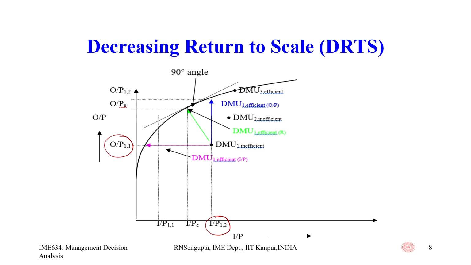In the case when I go horizontally to the left, it is written in pink as DMU 1 efficient, and in the suffix is written I/P, which is input oriented, which means that output is kept fixed and input is being changed. So, this input oriented model and output oriented model are the ideas of an input oriented formulation of the problem, and an output oriented formulation of the problem will be coming up within a few minutes.